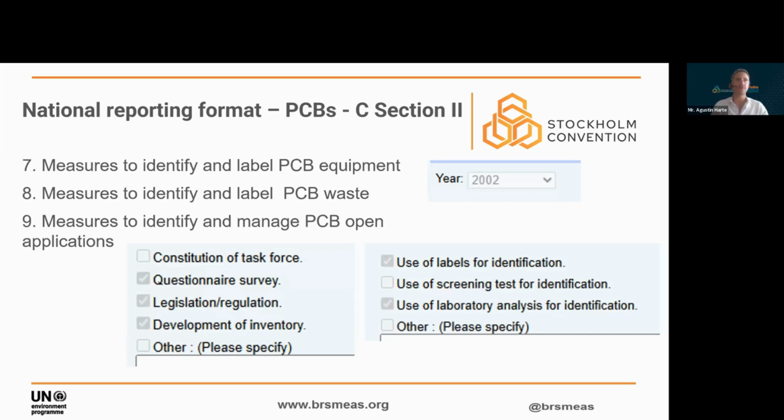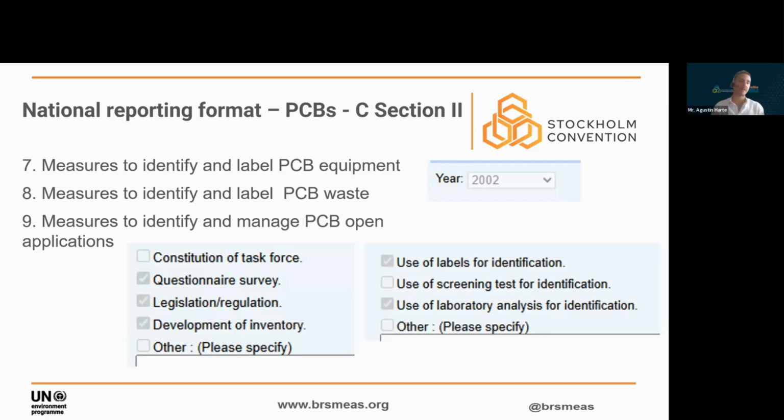Again, I want to highlight for these questions that we are talking about identification and labeling. So capacities, for example, on analytical capacities, so required labs to test and assess PCB content in different materials would be a very key point to address in the countries.